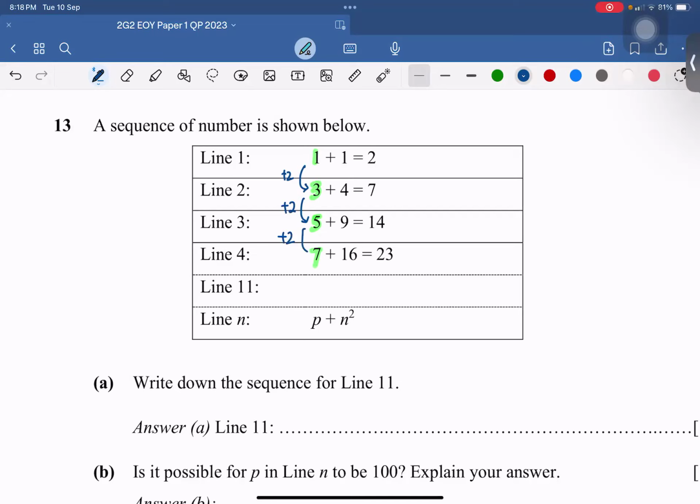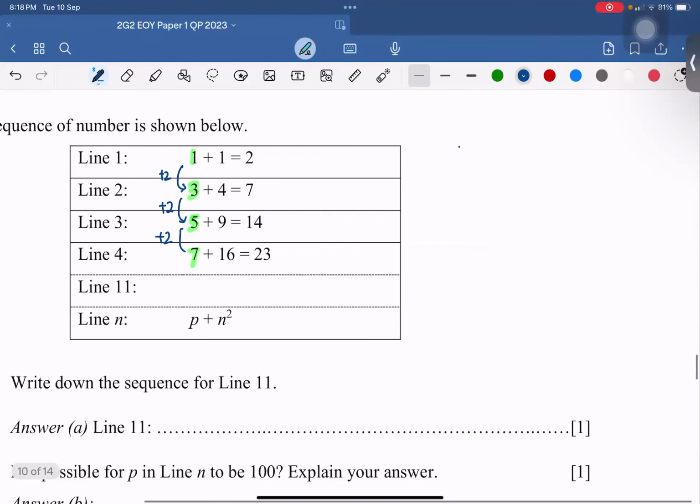So if I want to go on to line number 11, I need to find a pattern for all the numbers 1, 3, 5, 7, for line n. Let me write properly. I will start with the pattern. It's all plus 2, plus 2, plus 2, right? So it'll be plus 2n.